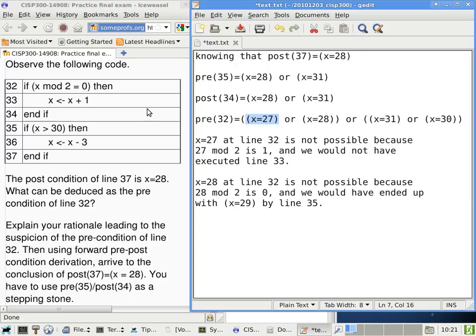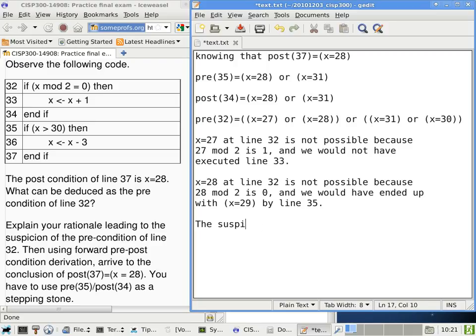Yeah, if x was 27 on line 32, we would have skipped line 33. So by the time we get to line 35, it would still be 27 and not the 28 that we want. Yep. So now we have concluded that x can be 31 or x could be 30.